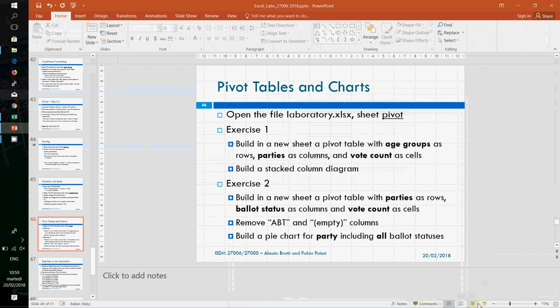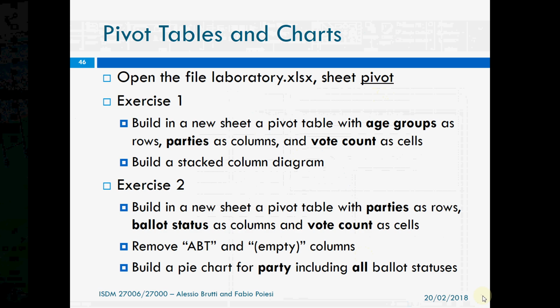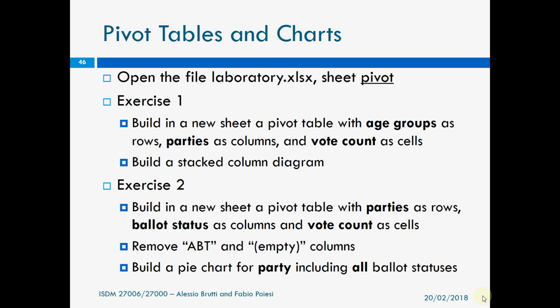So now you can try to solve exercise number 2, which is very similar. And then we see together the solution. So exercise number 2, you have to create again a pivot table starting from the same data set where you have parties as rows, ballot status as columns, and vote count again as cells.